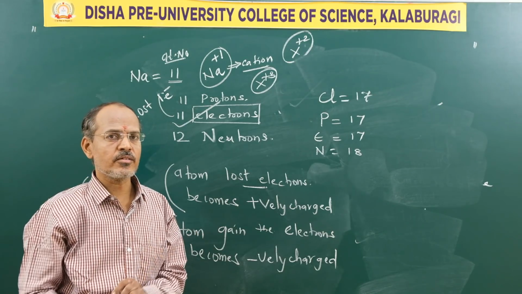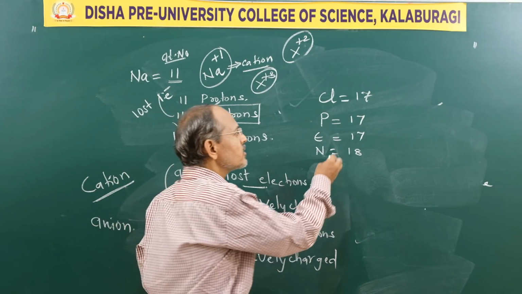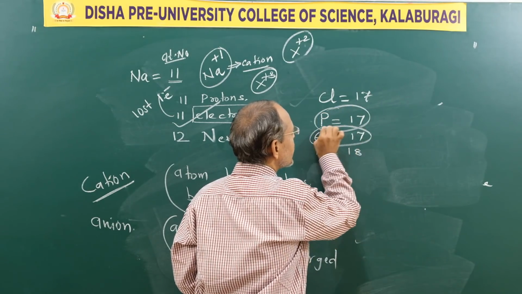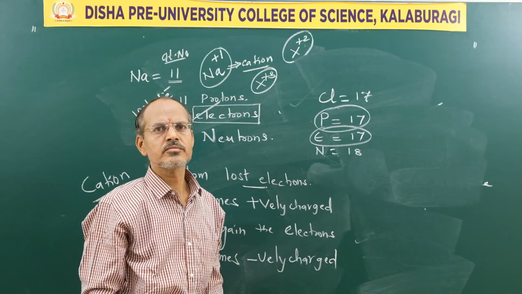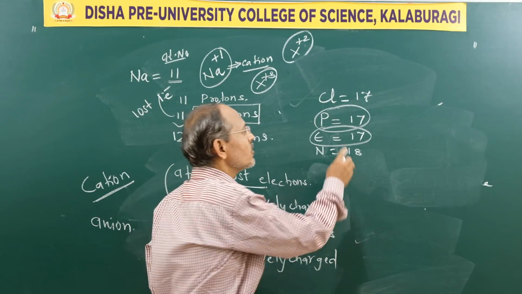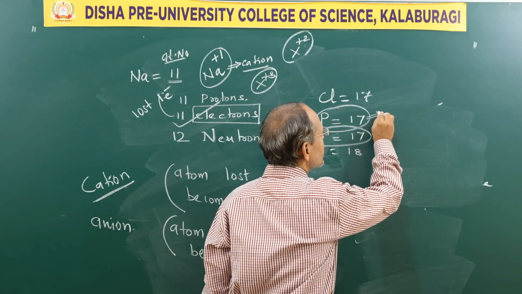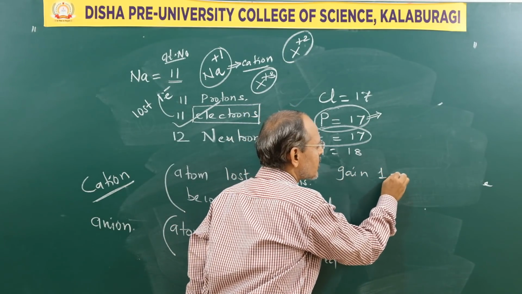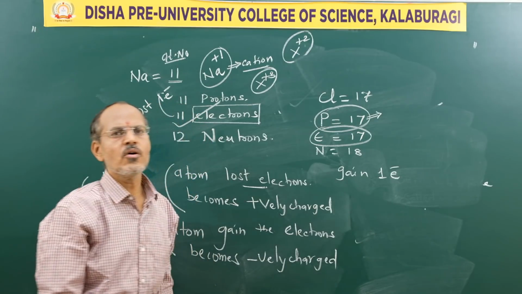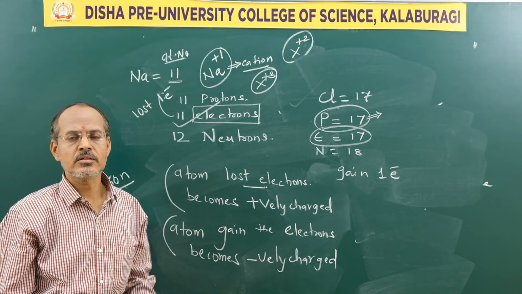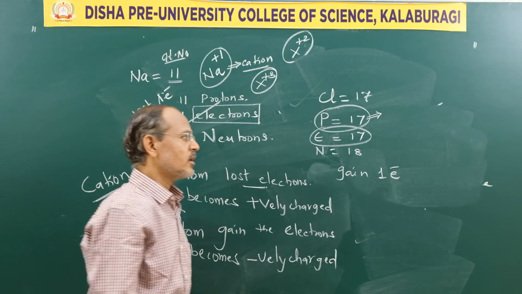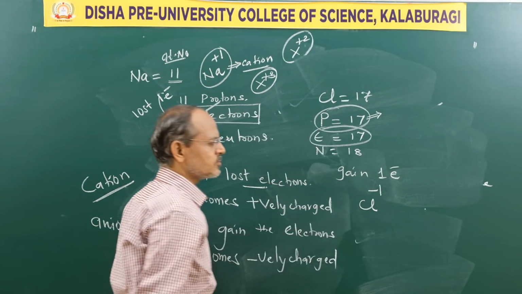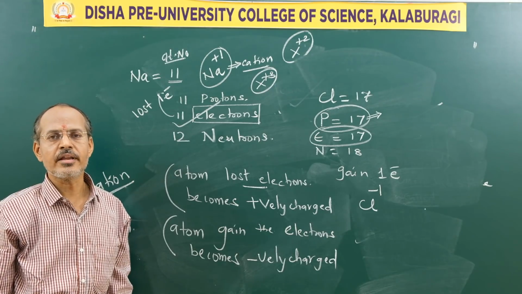So here it contains 17 protons, 17 electrons. Now, if it gains one electron, at that time I'll write Cl minus 1.